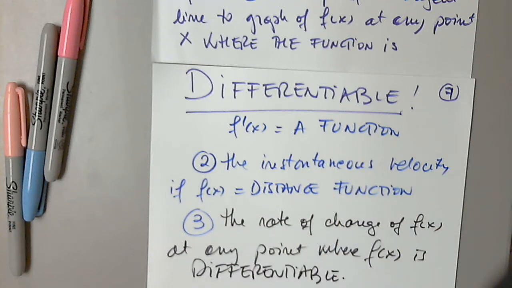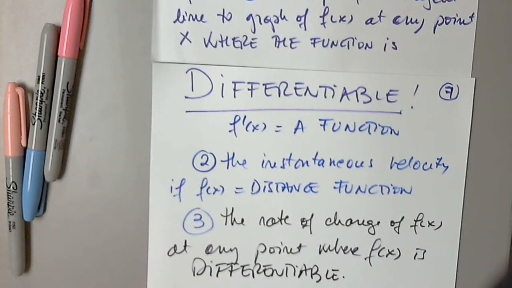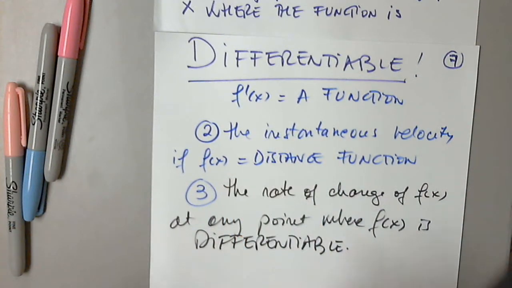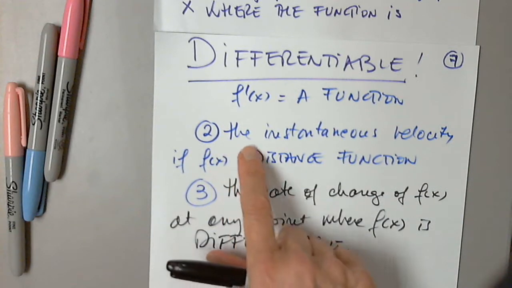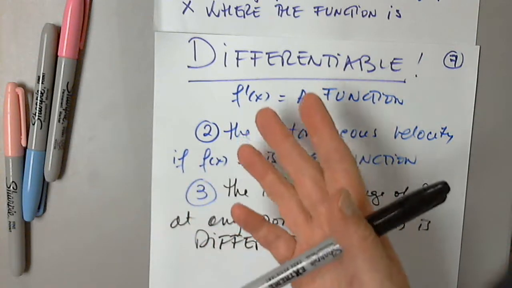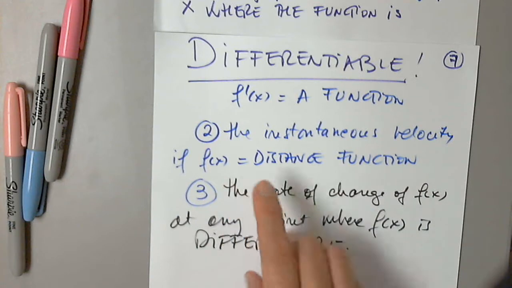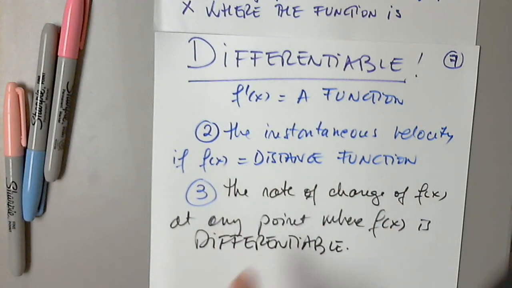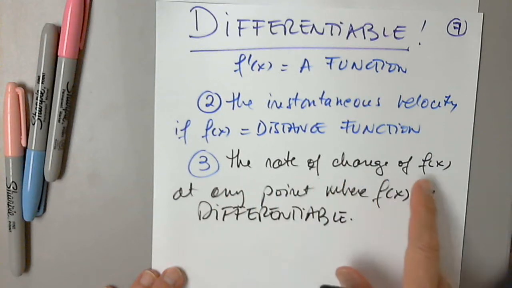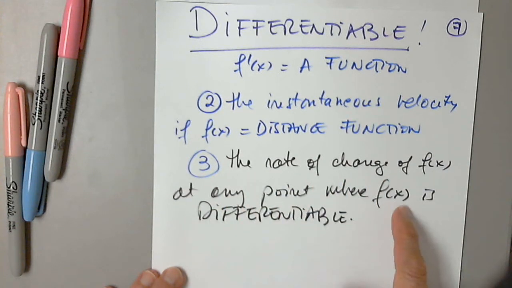F prime is a function, it's not a number, unless we plug in to find that specific number. F prime is also the instantaneous velocity when f of x is the distance function. And f prime gives the rate of change of f of x at any point where f of x is differentiable. Same thing, the instantaneous velocity and the slope and the rate of change, they're all the same.